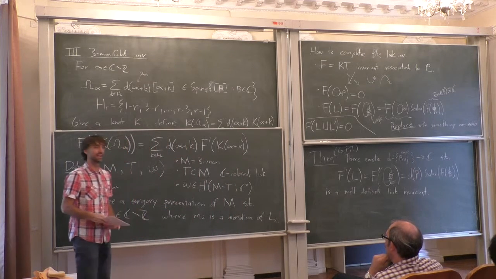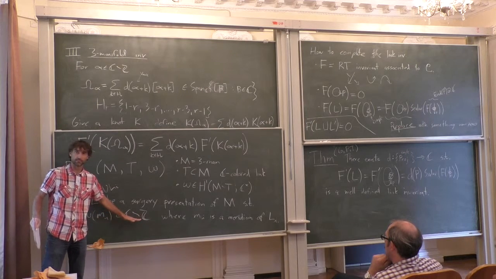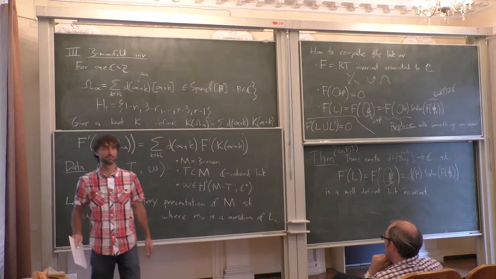So I take a meridian of Li, of a component, and then this cohomology class gives me a complex number, and I want that complex number to not be an integer.